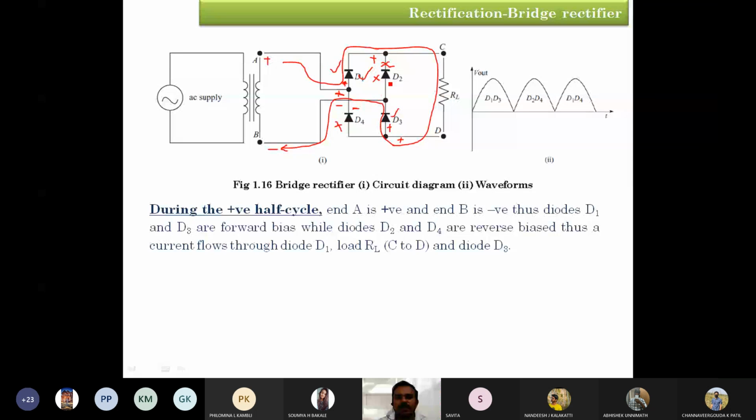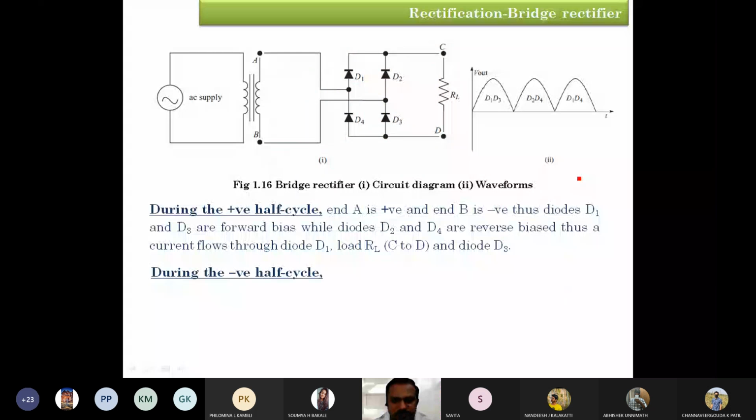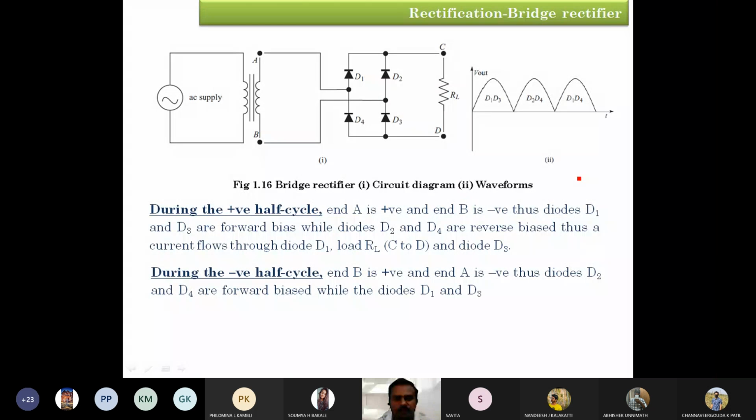Now look at what happens during the negative half cycle. End B is positive and end A is negative. Thus diodes D2 and D4 come under forward bias condition while D1 and D3 are reverse biased.